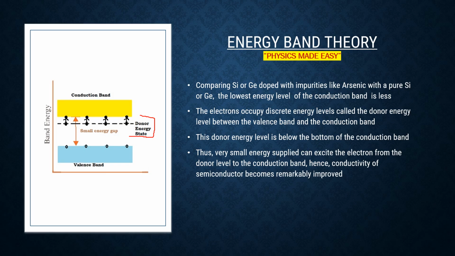This donor energy level is below the bottom of the conduction band. Thus, we need a very small energy to excite the electrons from the donor energy state to the conduction band, and in this case the conductivity is greatly improved compared with a pure semiconductor.